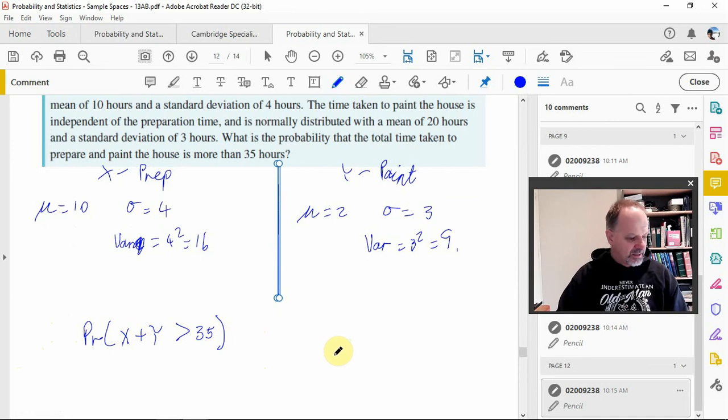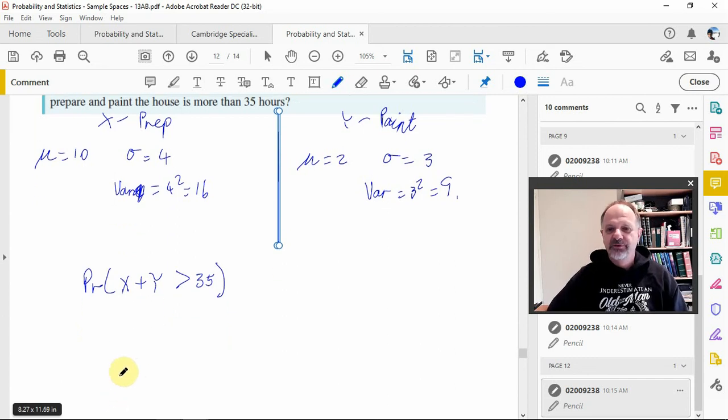Right, so this is what we're going to do. We're going to combine all of these things into a third variable, which is called Z. Now, because these things here are normally distributed, then our Z will also be normally distributed.